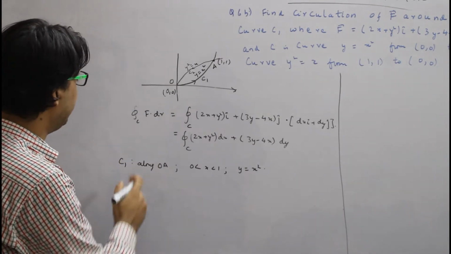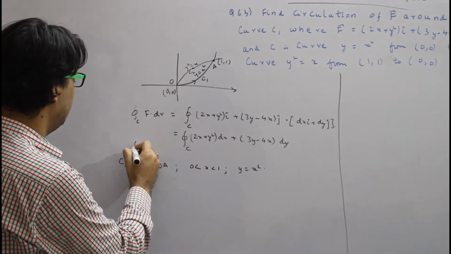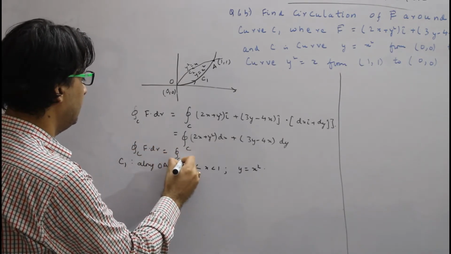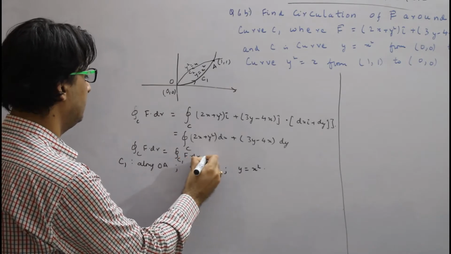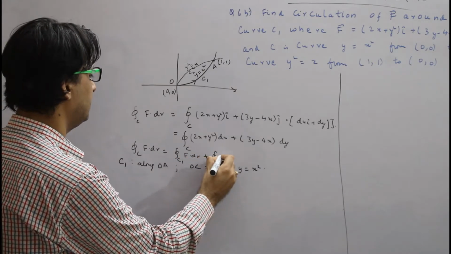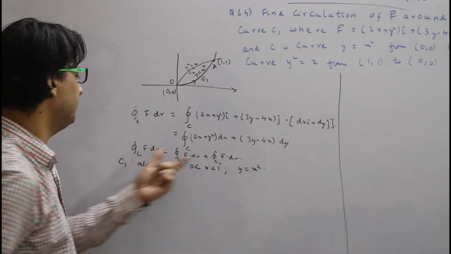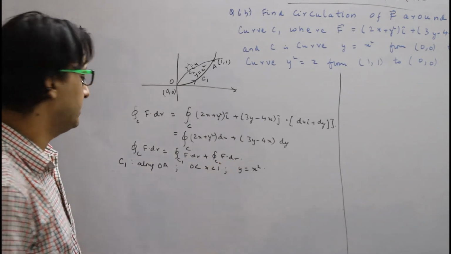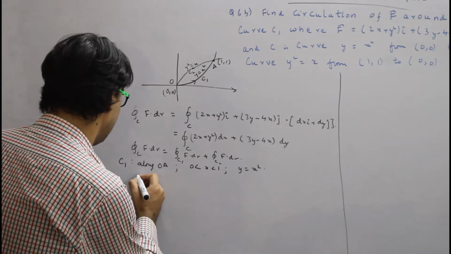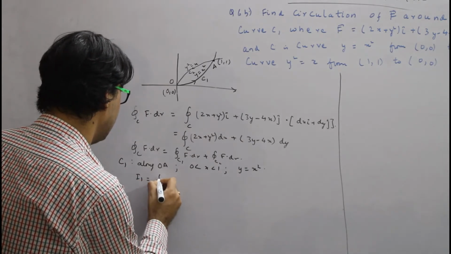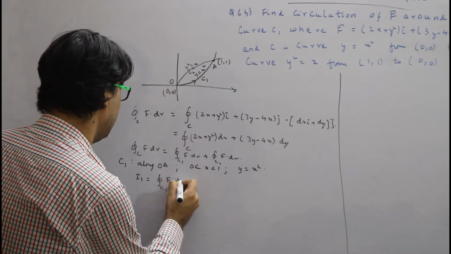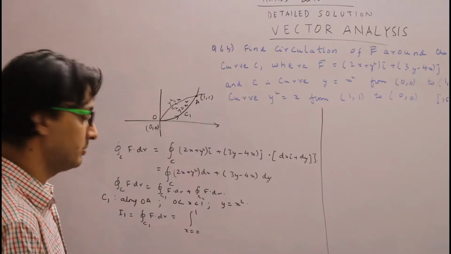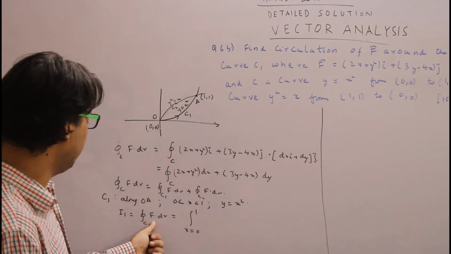So the circulation is the integral of F dot dr along C1 and along C2. I am computing for C1 first, and then I will compute for C2. I will call this integral 1, along C1. What is F dot dr?